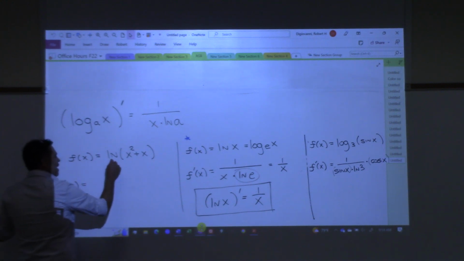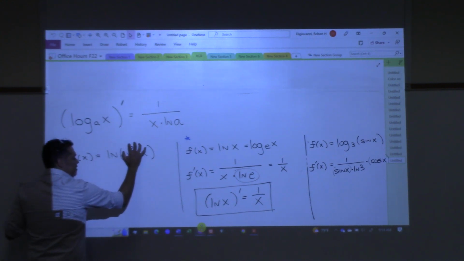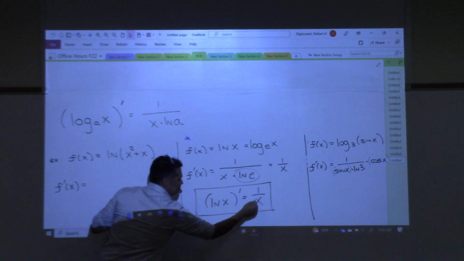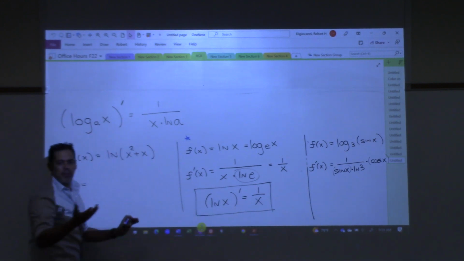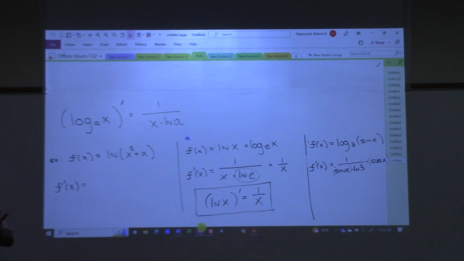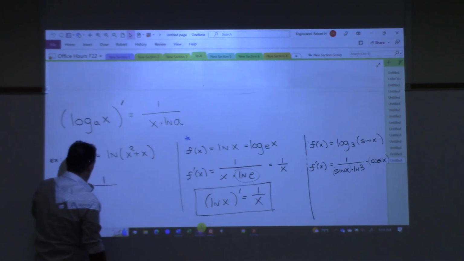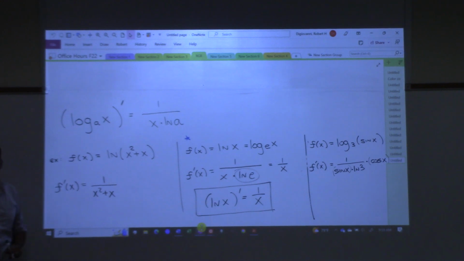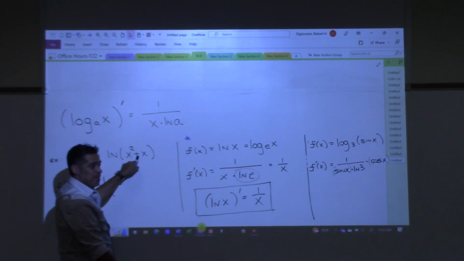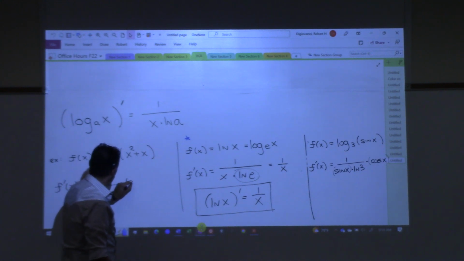The derivative of natural log of my hand is just 1 over my hand. You don't even have to worry about the natural log e thing. You just go straight to 1 over what's inside. But I'm not done, right? Times what? Times the derivative of what was in here, which is 2x plus 1.